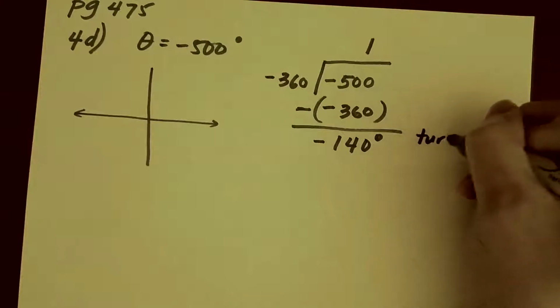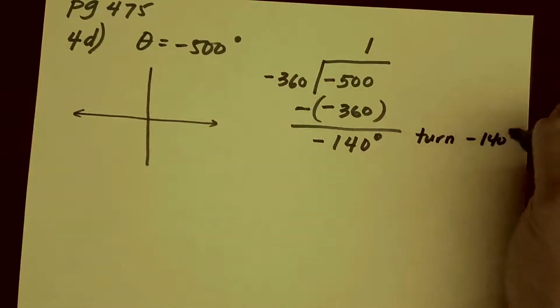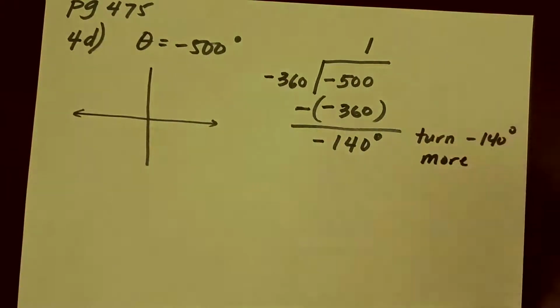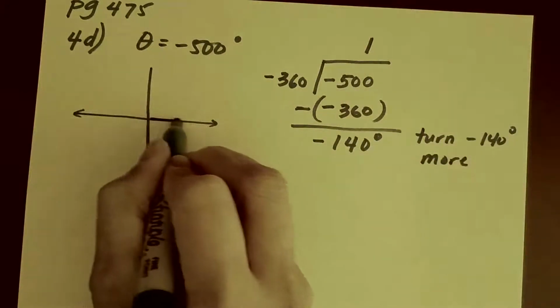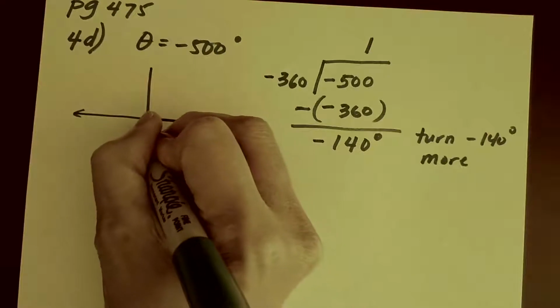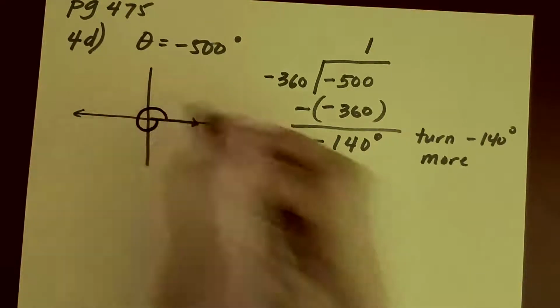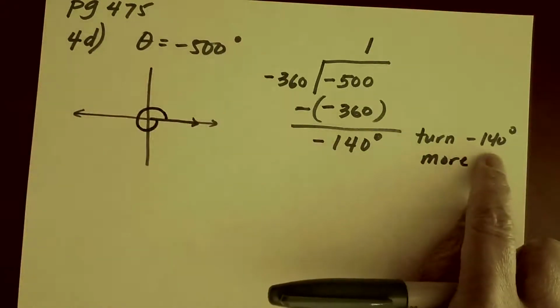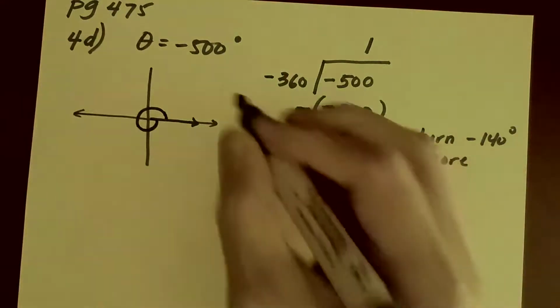So what does that look like? This is my initial arm, and then I go one full turn around, and then I go negative 140. Where's negative 140?